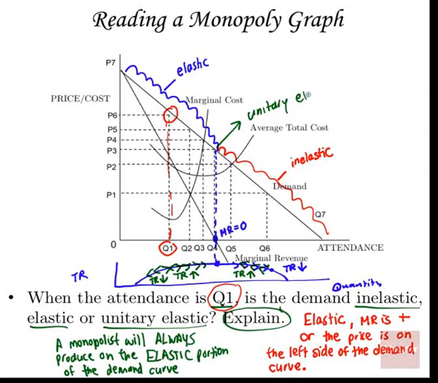To the left-hand part, you have the elastic portion of the demand curve, and to the right-hand part, you have the inelastic part. If you're a monopoly operating on the inelastic portion of the demand curve, it is absolutely in your best interest to raise the price, because you'll generate more revenue and you'll also generate more profit.